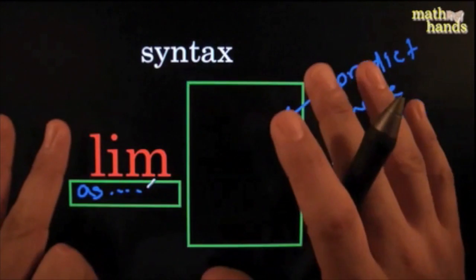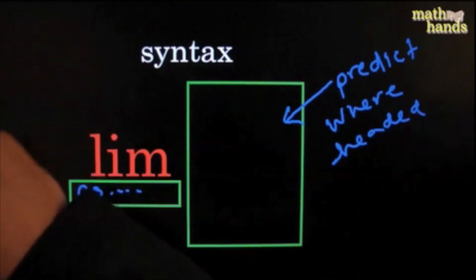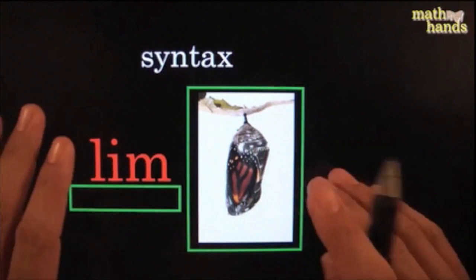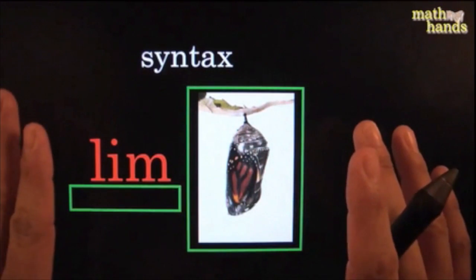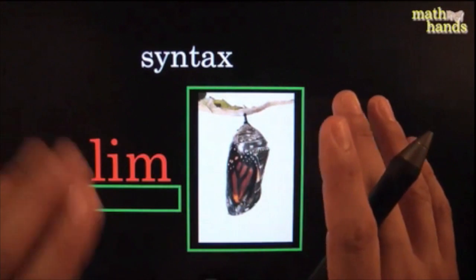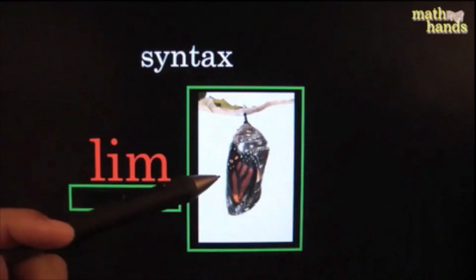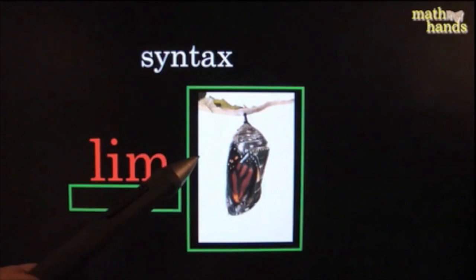I know it's a lot, but I've got a perfect example to illustrate the syntax. This example is just illustrating the syntax. It's not explaining anything else than, well, it's actually explaining a lot, but just roll with me. I don't know if you could tell what that is, but that would be a cocoon.